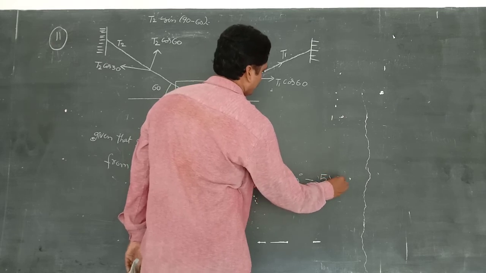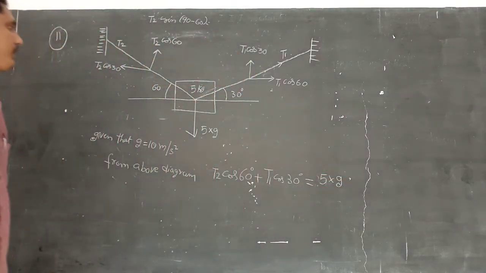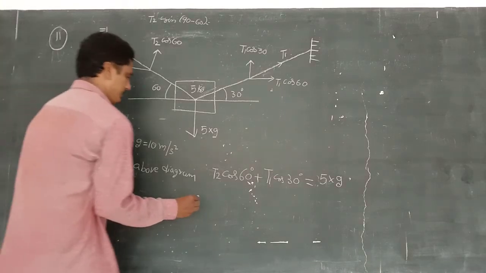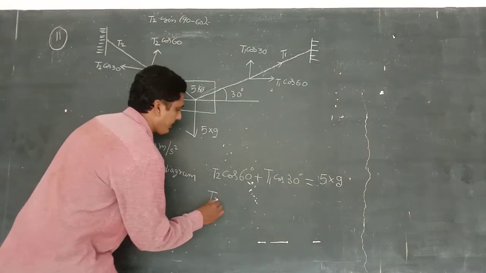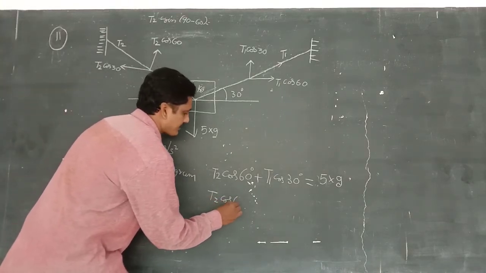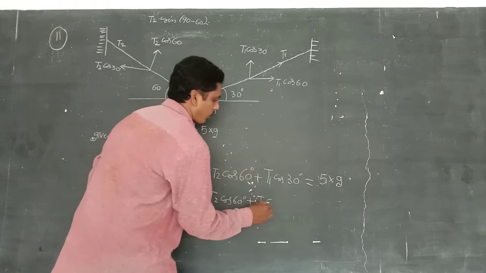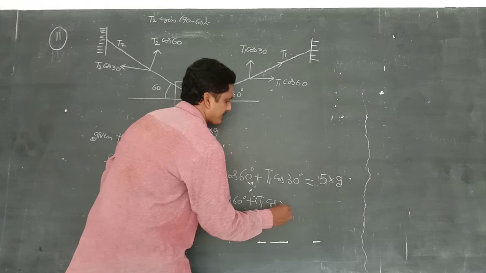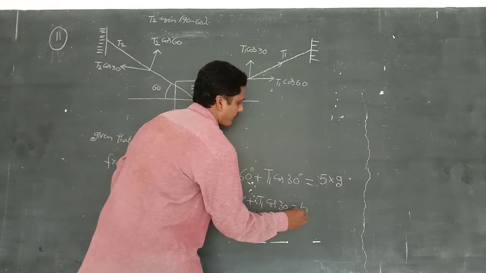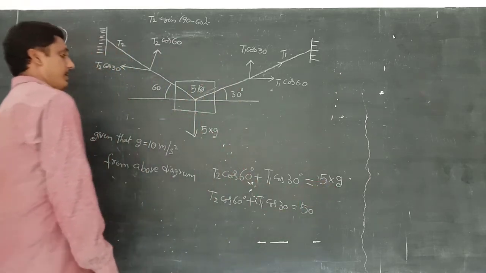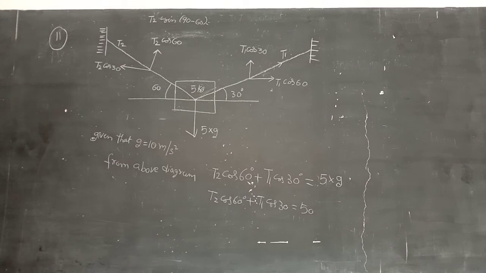So T2 cos 60 degrees plus T1 cos 30 degrees is equal to 50, since g is equal to 10.